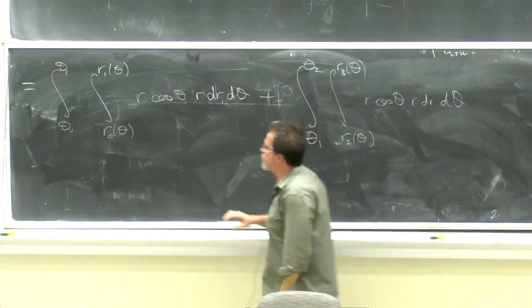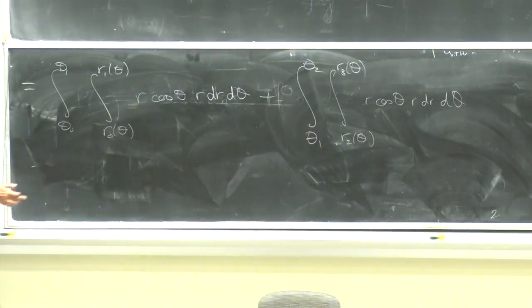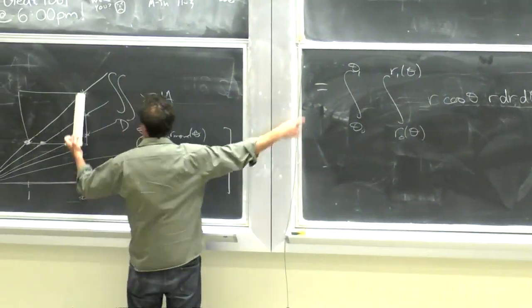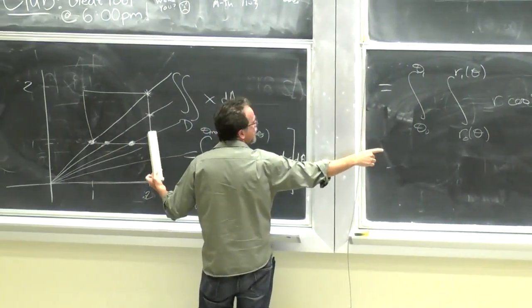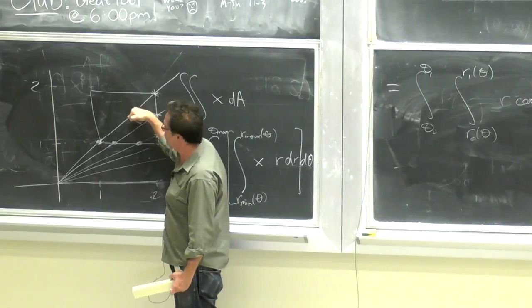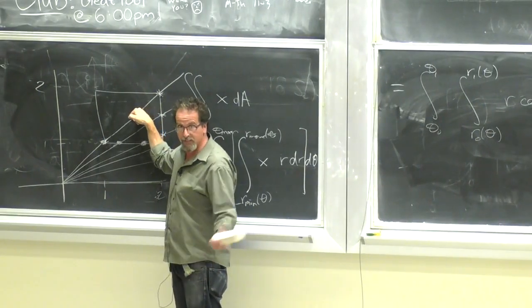And what this says is there's going to be some r0 of theta, which is the lower boundary over here. There's going to be some r1 of theta, which is that boundary. And then you're going to go from some theta 0, which is this slice, up to theta 1, which is this slice. That's the first integral.